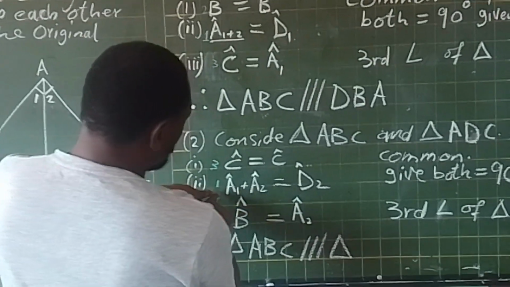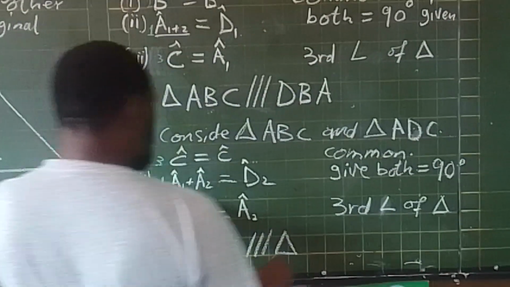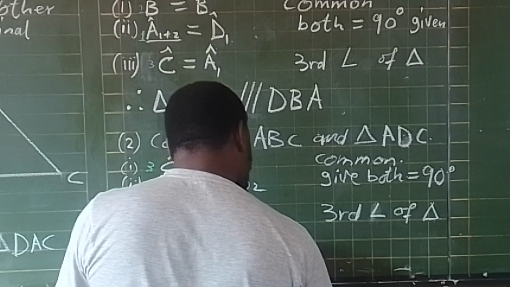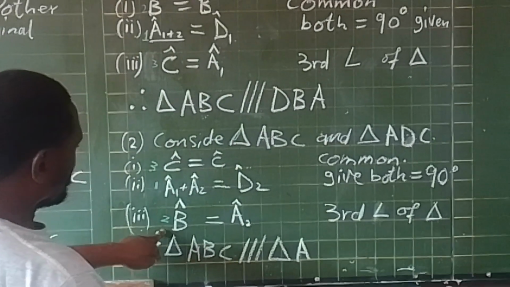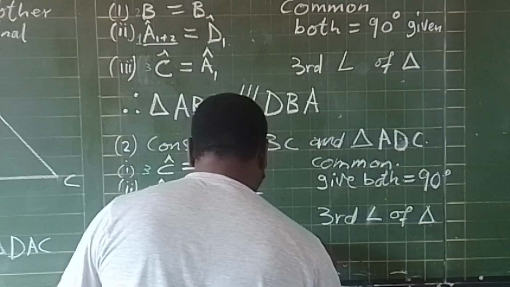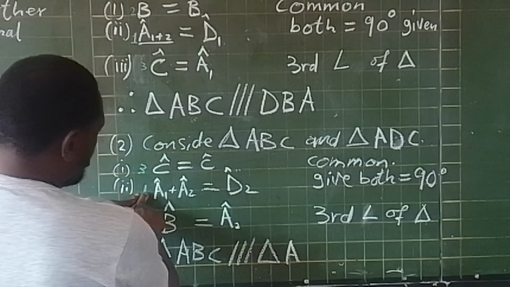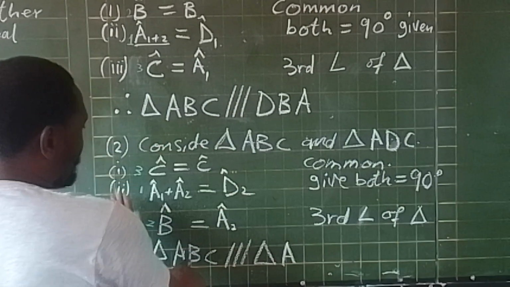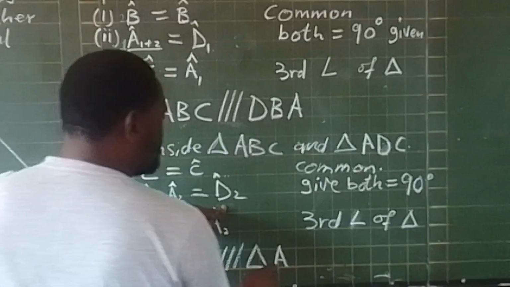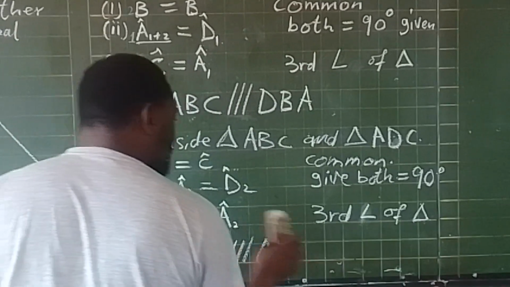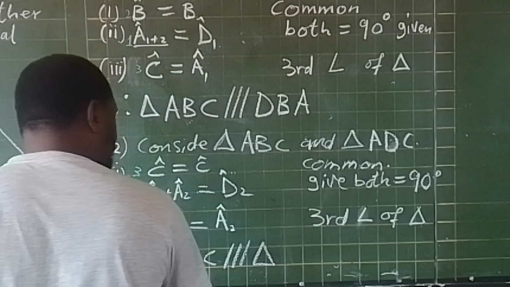You come here, you said the first one is A. Oh, sorry, it's not A. This was A for triangle ABC. It is going to be D for this other triangle, the smallest one.